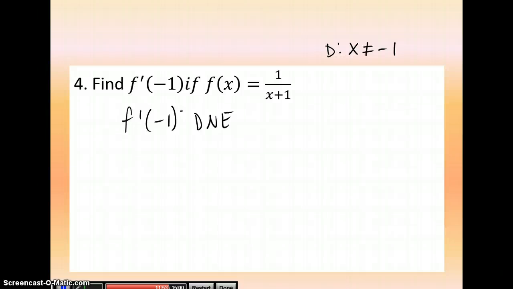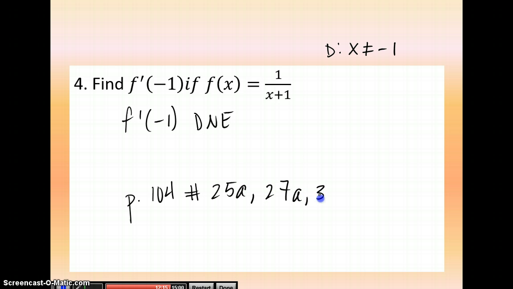All right, so again, your homework tonight was from page 104, and this is on Edmodo: numbers 25 part A, 27 part A, 31 part A, and then numbers 39 to 42.